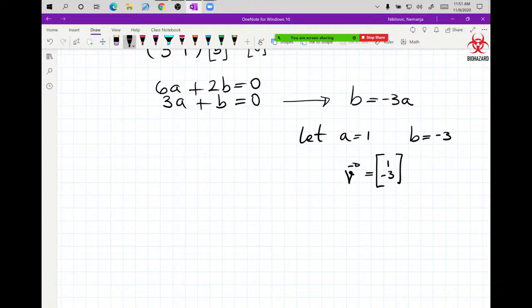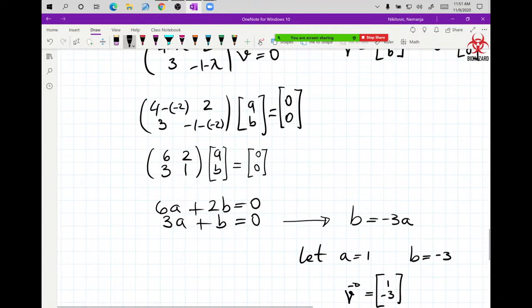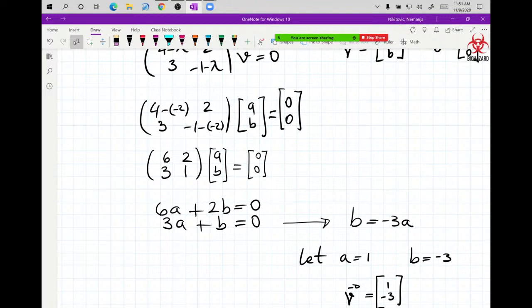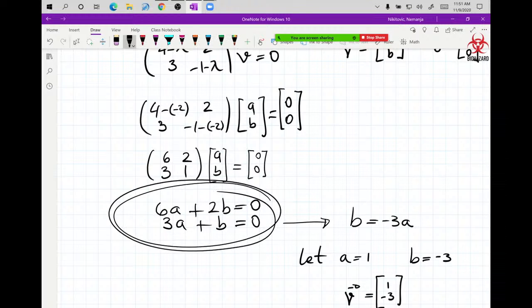So your eigenvalue, if everything is computed correctly, will always give you this situation where all of the equations give you the same thing. And then you pick one of the equations, solve for whatever variable you want, assign a number to the other variable, and compute the first variable.